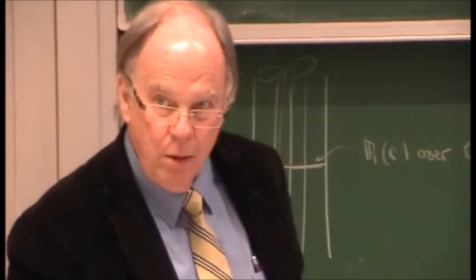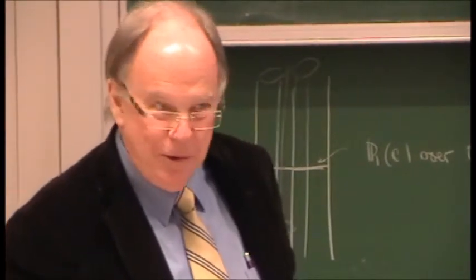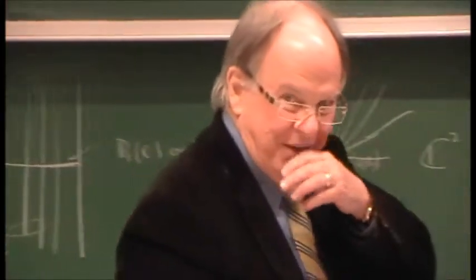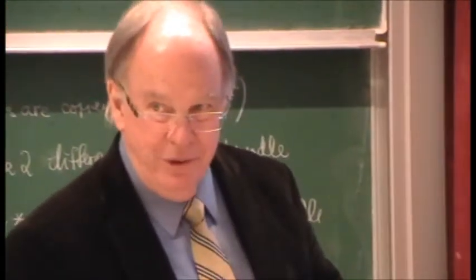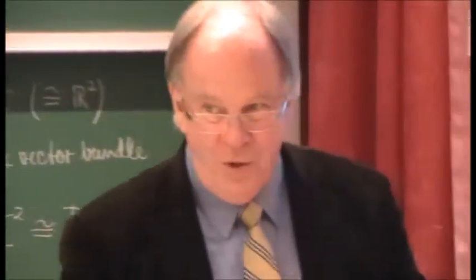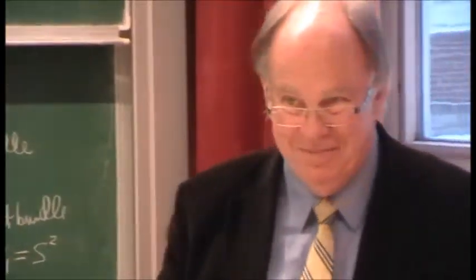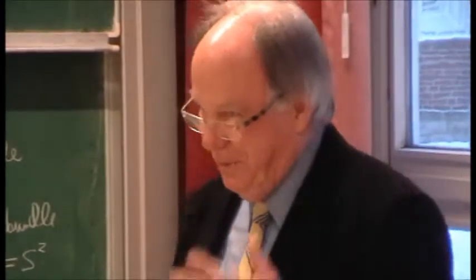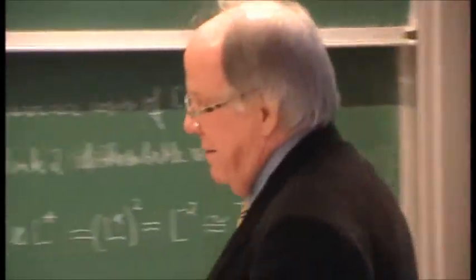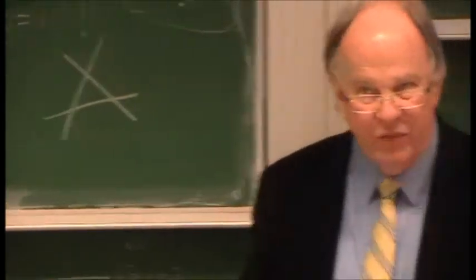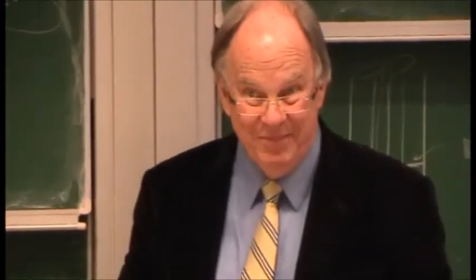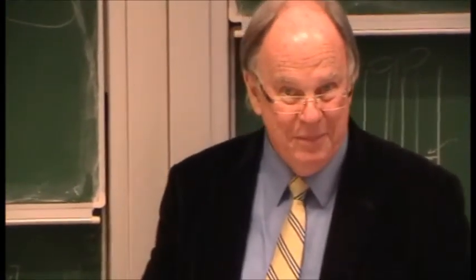The answer is no. A compact Riemann surface of genus 2 is not embeddable in P2. It is only embeddable in P3. So the next genus going up is 3, and so on. So there are gaps in what can be embedded, and we will understand that perfectly. We will understand that next time.